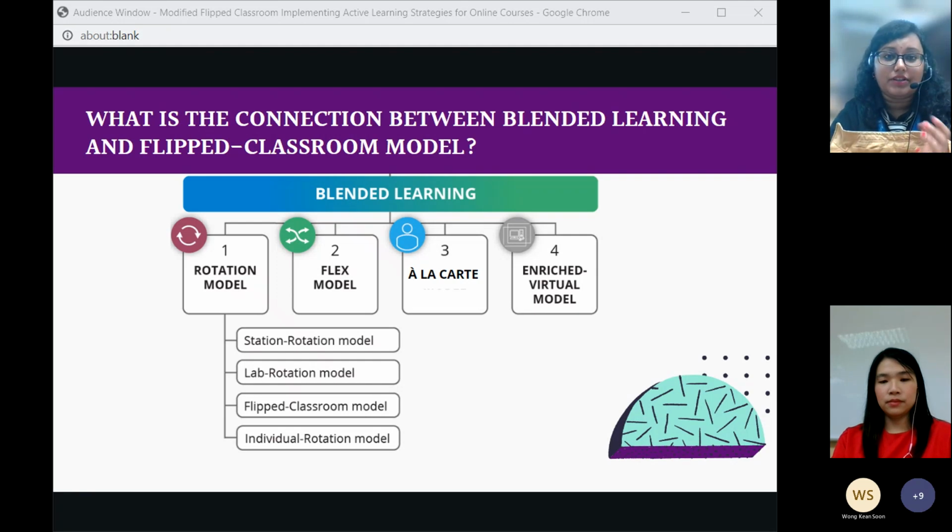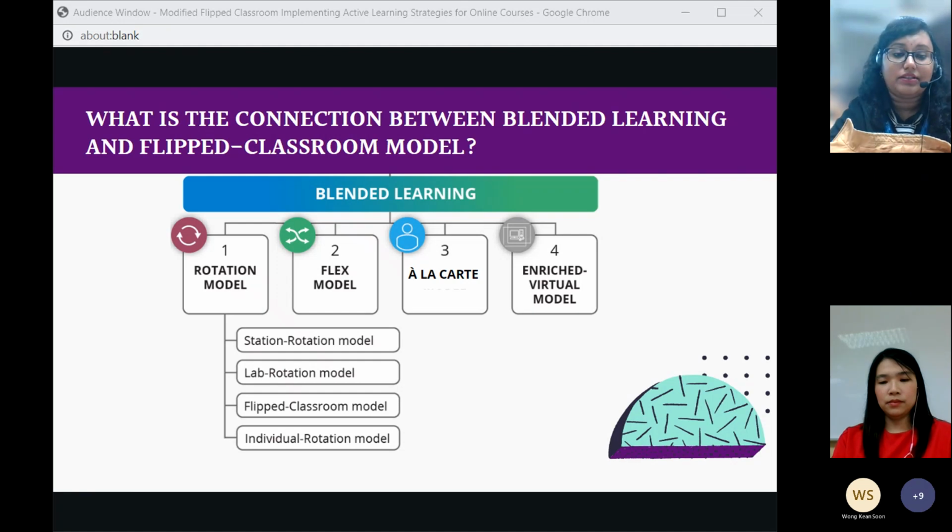What's happening in a flipped lesson is that students learn at home, but in class, you are not teaching it all over again, you are testing what they have learned. You are trying to test what they have studied, okay, by doing multiple tasks in class, by asking questions or by doing activities.